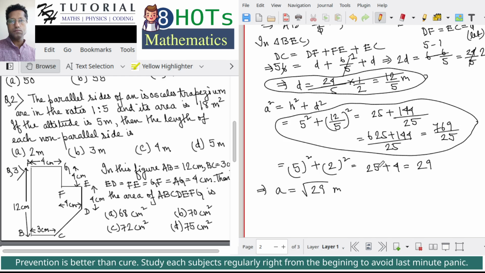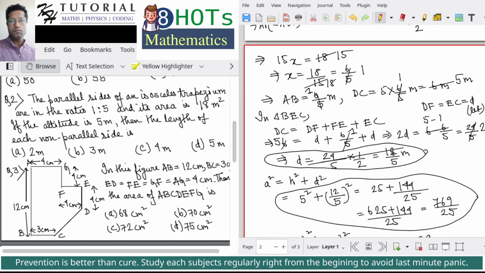So we see that none of the choices are matching. The information given in this problem was not actually correct. I'm sorry for this, but please focus on the solving approach of the problem. Okay, let's do the next problem.